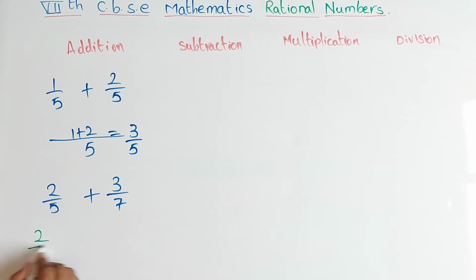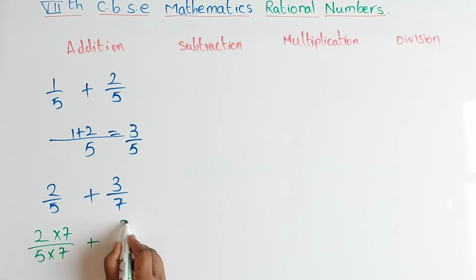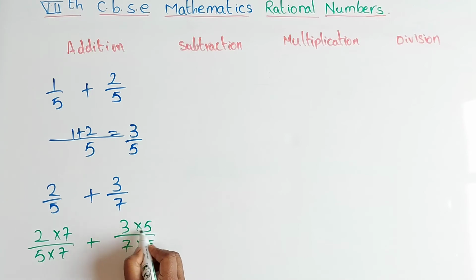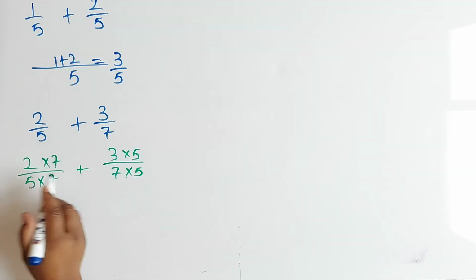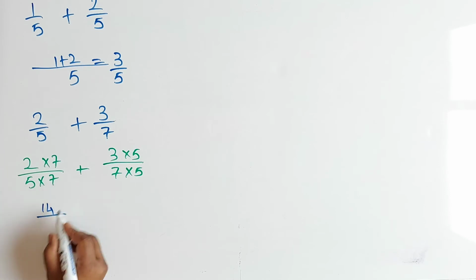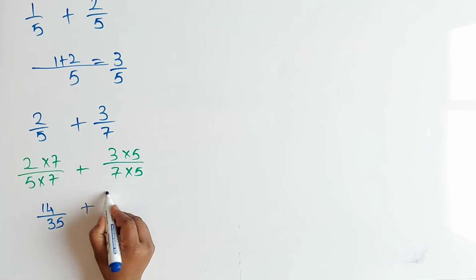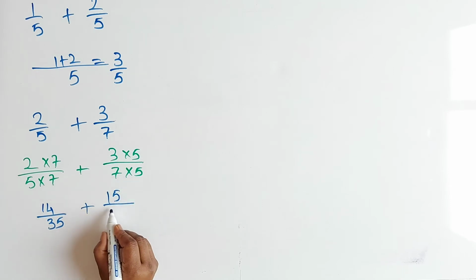So I am multiplying this 2 by 5 by 7 here, 7 here, so that 5 sevens are 35. Here 3 by 7 is multiplied by 5 here, 5 here. 2 sevens are 14 and 5 sevens are 35, so it is 14 by 35. Plus 3 fives are 15 over 7 fives are 35.